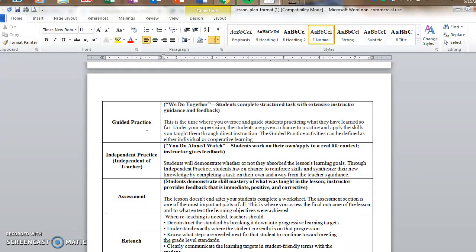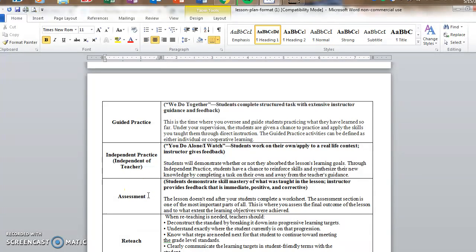Independent practice, independent of teacher. Students will demonstrate whether or not they have absorbed the lesson's learning goals. Through the independent practice, students have a chance to reinforce the skills and synthesize their new knowledge by completing tasks on their own and away from the teacher's guidance. So after you think you've mastered the lesson plan, it's time for the students to try it on their own.